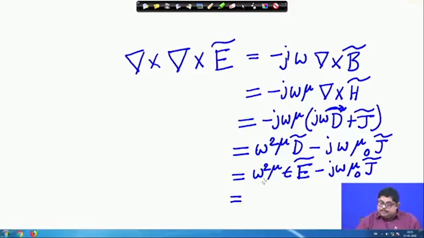And now this omega square into mu into epsilon is a constant quantity for a given source of excitation and given medium. So, that we generally denote by a constant called k naught. So, k naught is the wave number, naught is for free space I am writing.